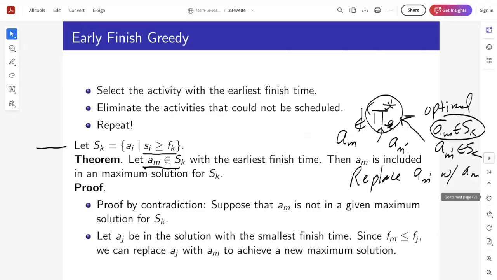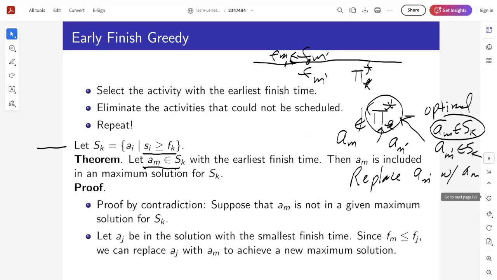If you want to draw it, it's pretty obvious. Let's say this activity Fm prime is the smallest in this solution, but AM is not in it. But we know Fm is smaller than or equal to Fm prime because we assume that Fm is the smallest in SK, so we can replace Sm prime with Sm to come up with another solution.